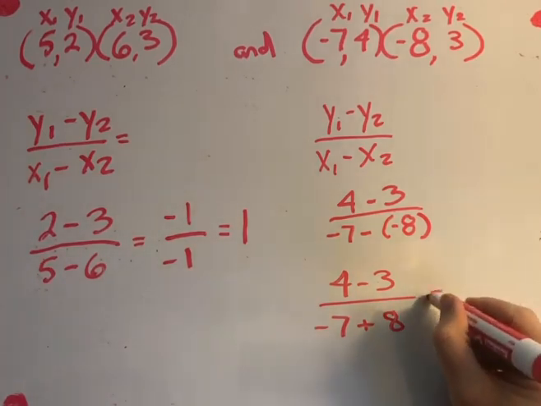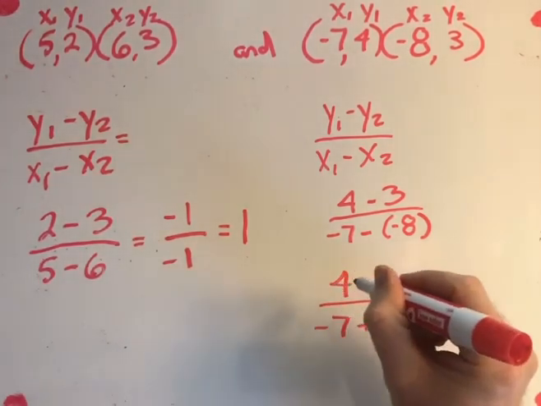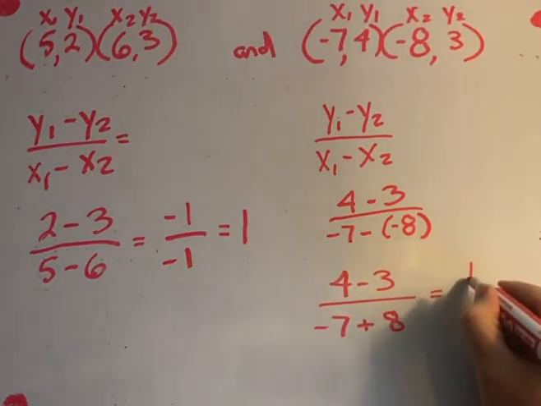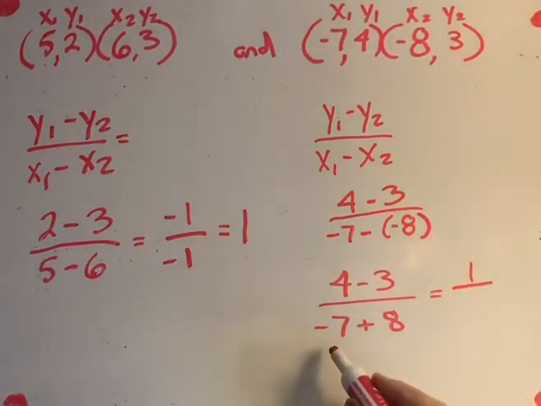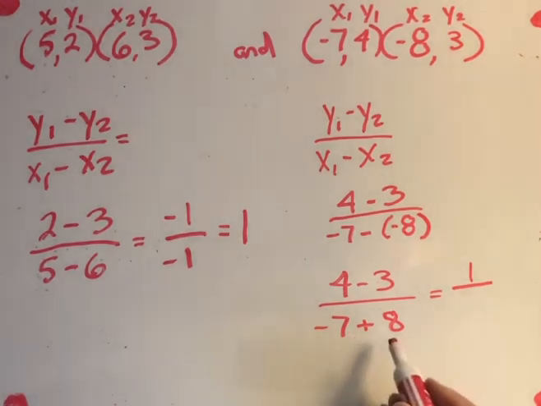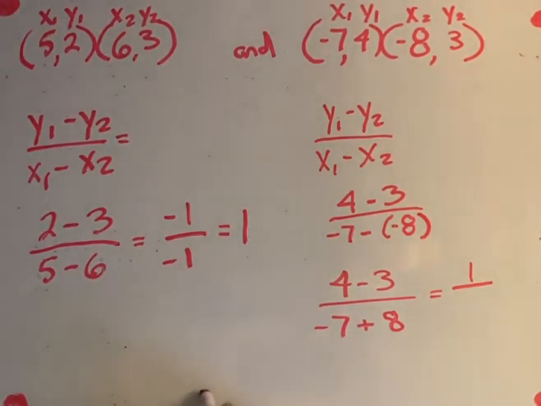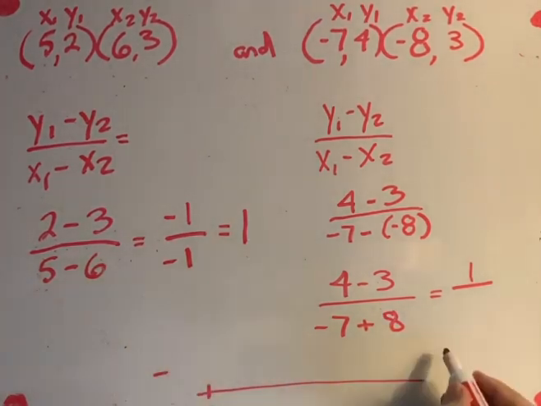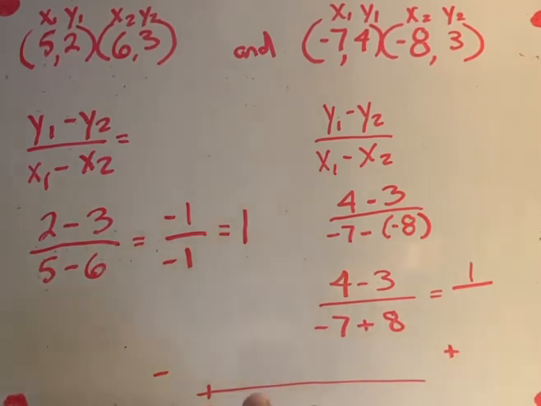So here we go. We got 4 minus 3. Well, that's 1, right? Now I have negative 7 plus 8. You can think of it like this. If you're at negative 7 on the number line, and you're going to add 8, that means we go that way.